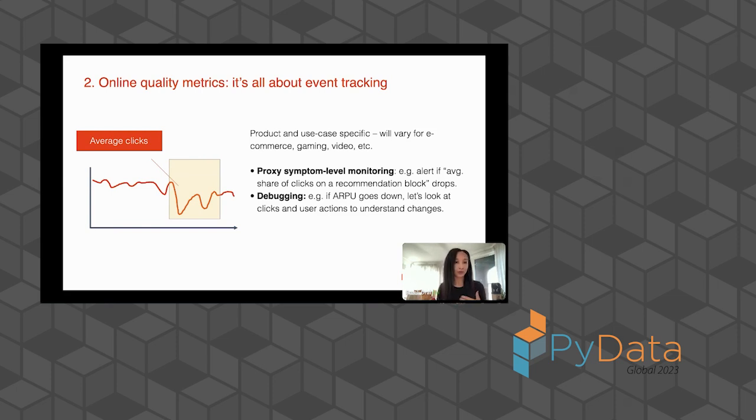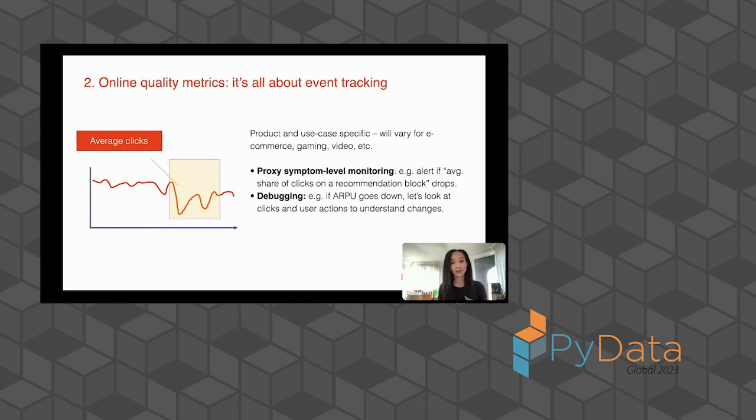So in order to come up with good proxy metrics, it's important to have some understanding and experience of the domain area. Basically, those are metrics which are very easy to calculate, especially in real time, because clicks are something that we can measure directly. This is the proxy symptom level monitoring metrics.